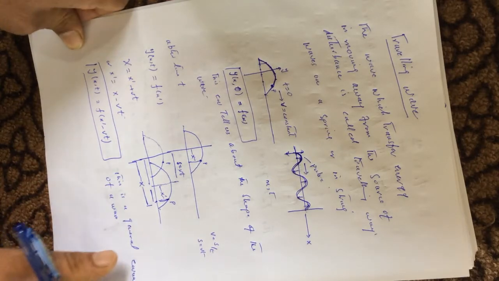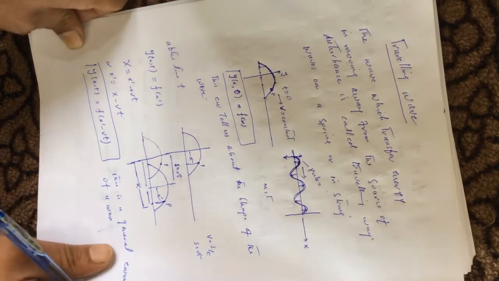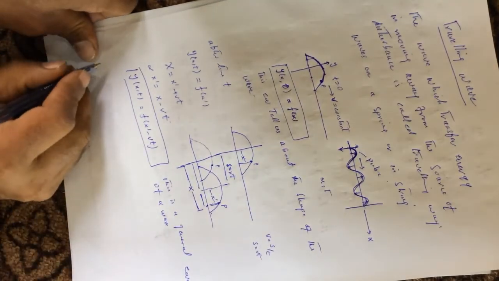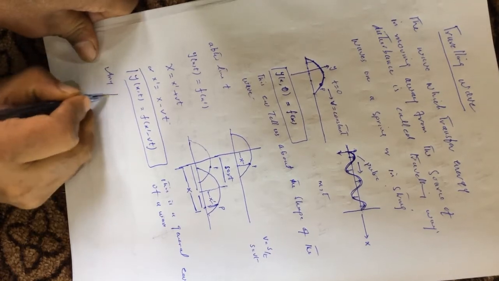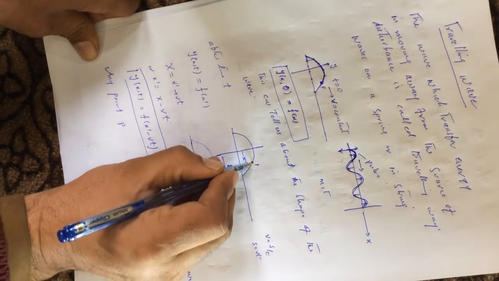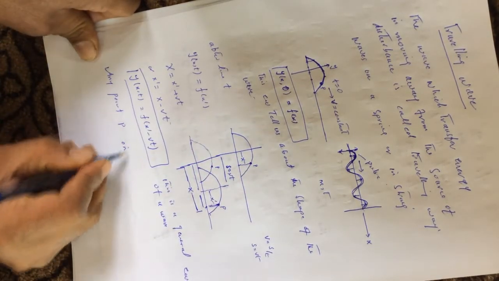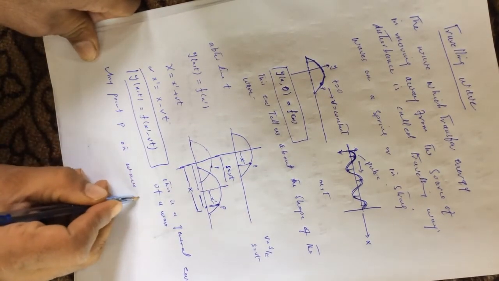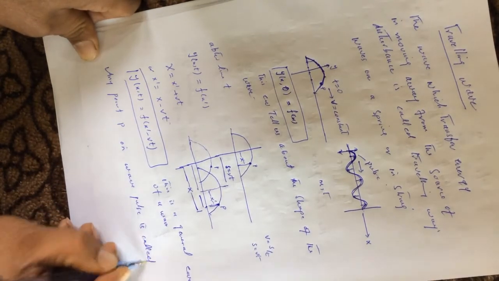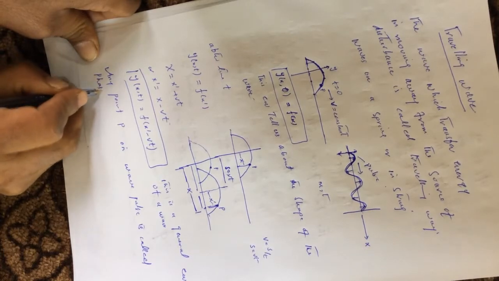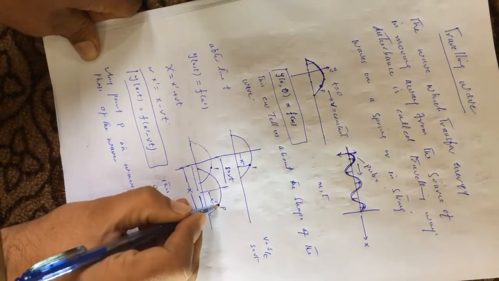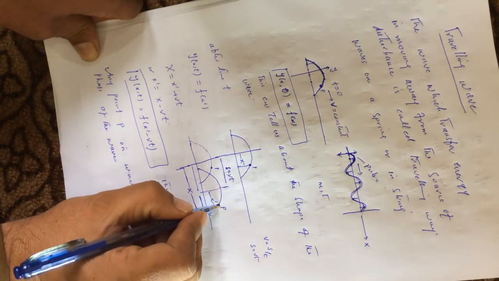Now, at any point on this wave, we consider any point, which I suppose to be point P. Any point P on this wave pulse is called a phase of the wave.